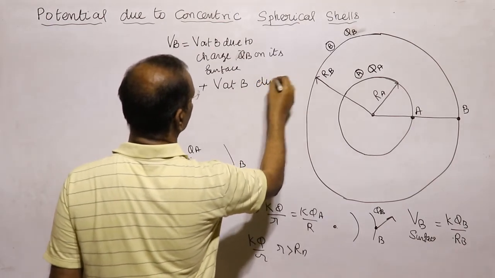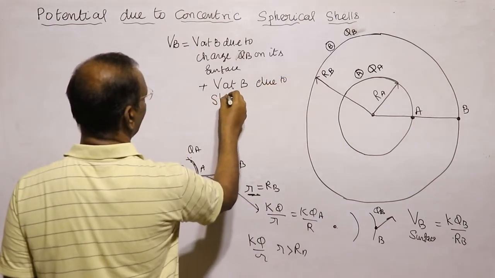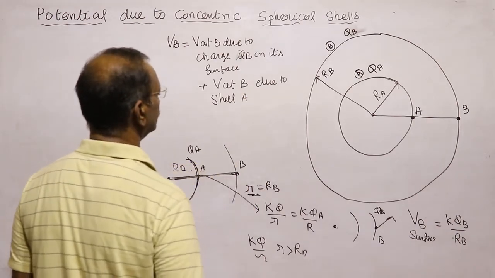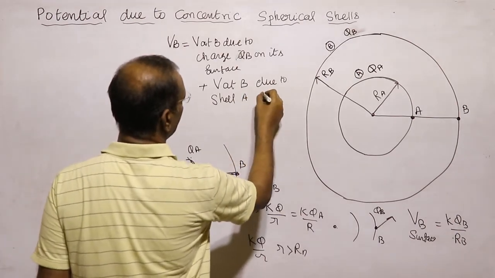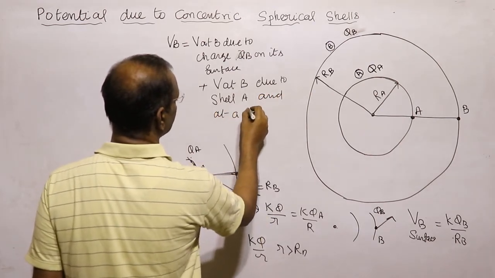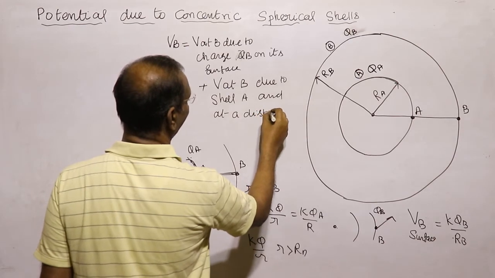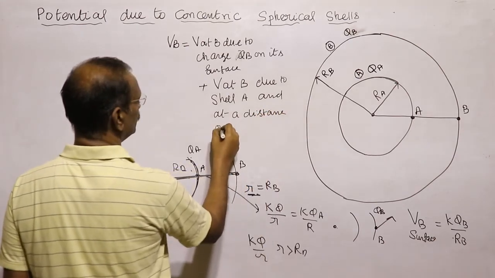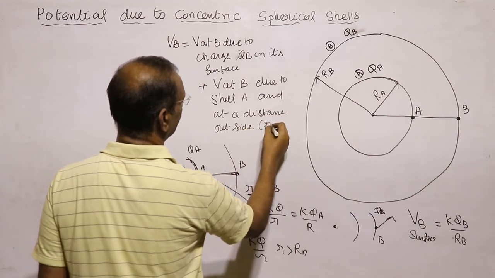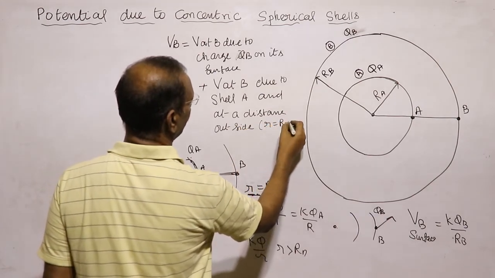due to shell A at a distance outside, that is R is equal to RB.